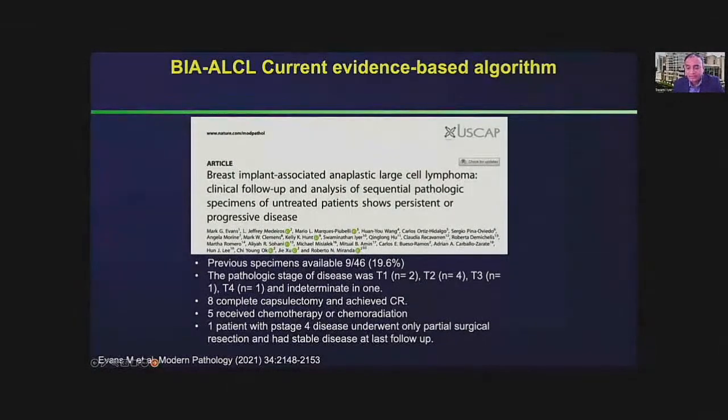It was found that the stage of the disease was T1, T2, T3, and even 1 with T4, and 8 had undergone complete capsulectomy and achieved a CR. 5 received chemotherapy or chemoradiation, and 1 patient with stage 4 disease underwent only partial resection and had stable disease at the last follow-up.